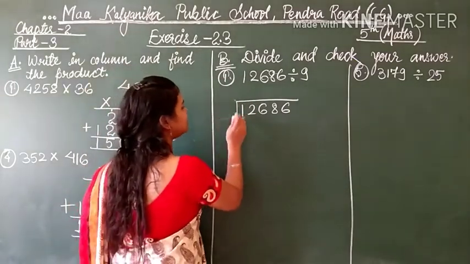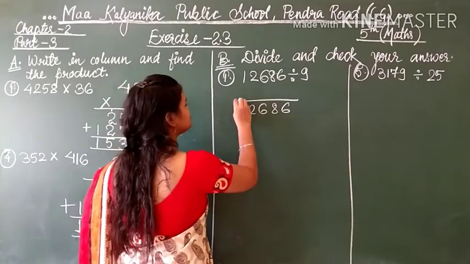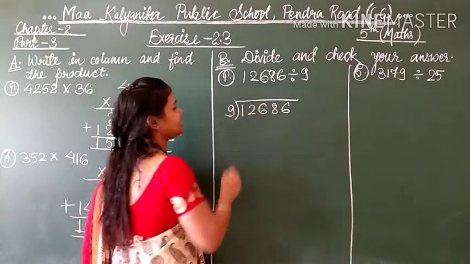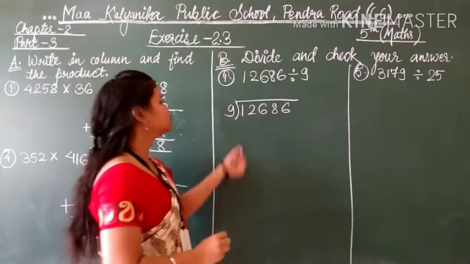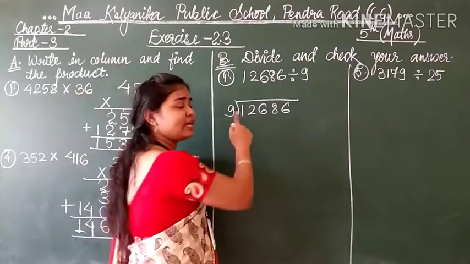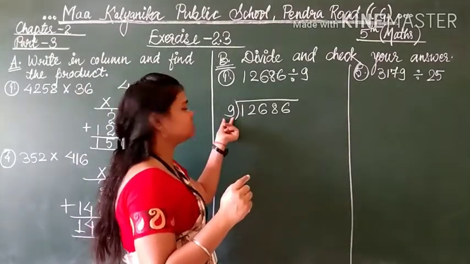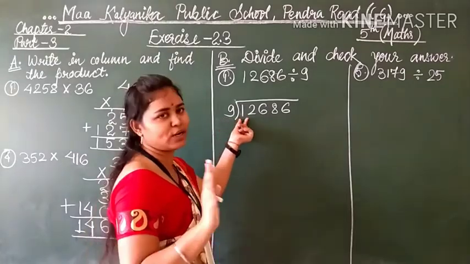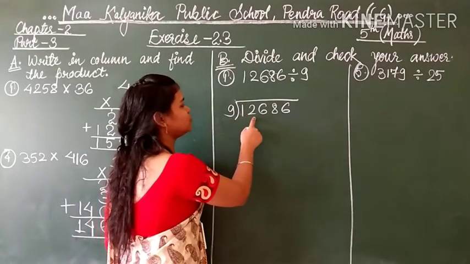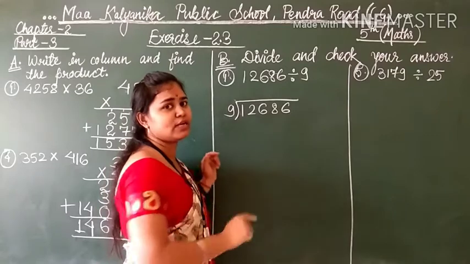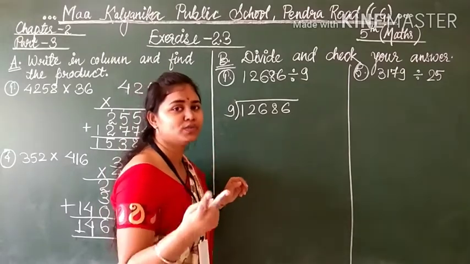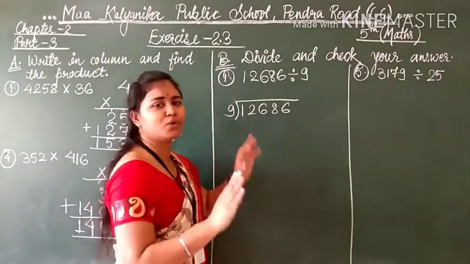So writing the number 9, so see here students, I am dividing it by 9. So see, 1 is there, and by the table of 9, 1 cannot be divided simply, so we will take 2 digits. 12 is there. So 9 ones are 9, 9 twos are 18. 18 is more.